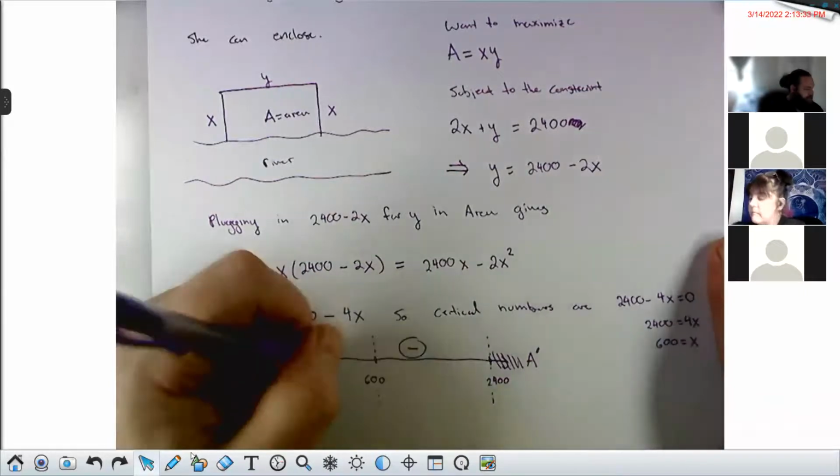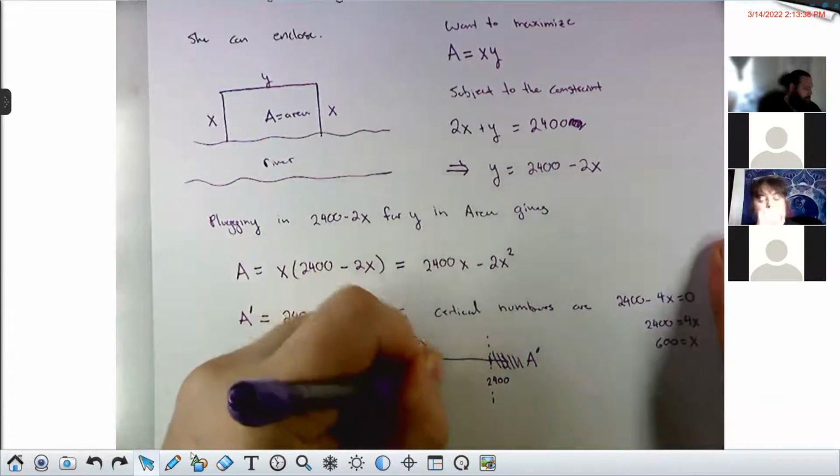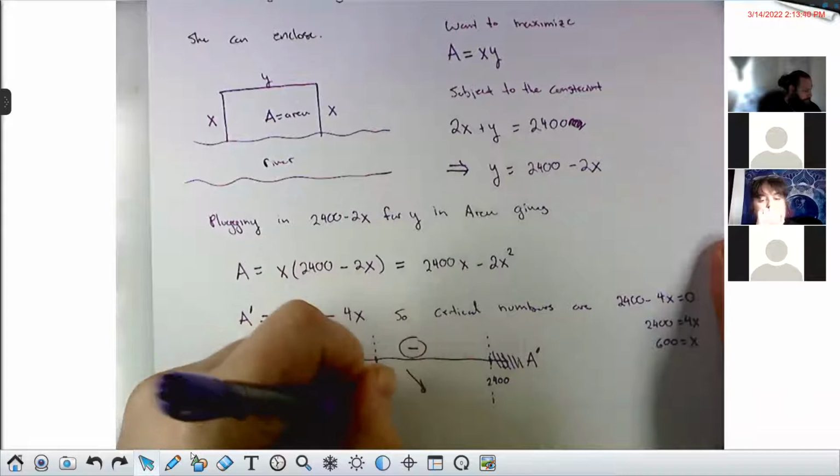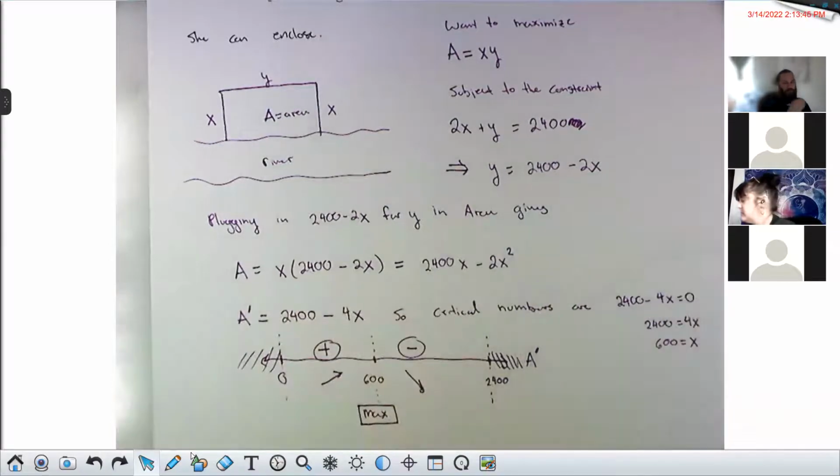But I'm increasing everywhere to the left of 600, decreasing everywhere to the right of 600. That means this must be a max. So the area is maximized when x is equal to 600.